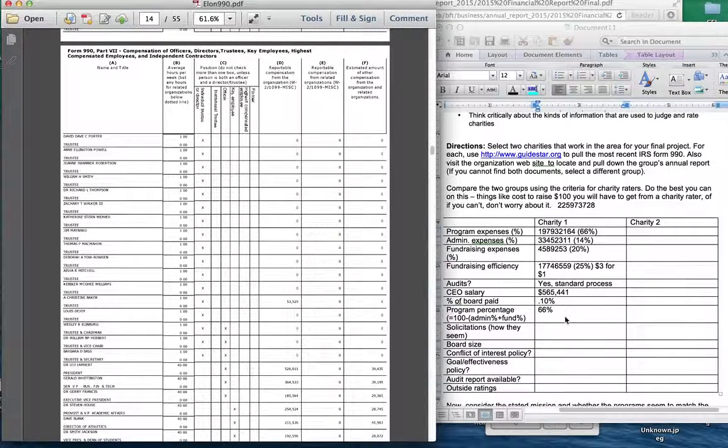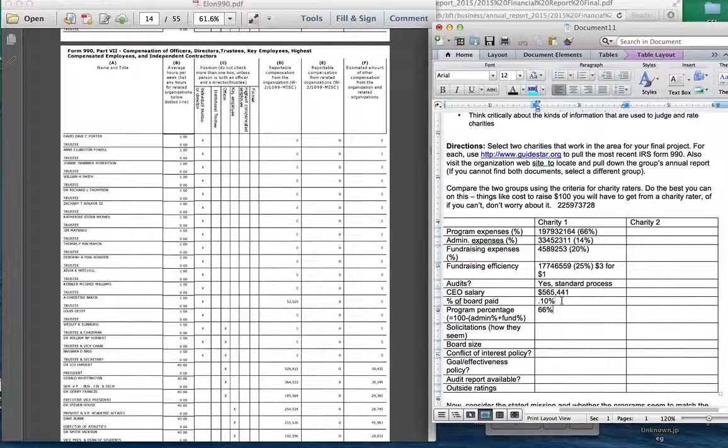So we've got 42 people on the board, and 1 out of those. So 1 in 42. And the 1 in 42 is not paid for her board service, she's paid because she teaches a class or 2 as an adjunct. All right, board size is 42.